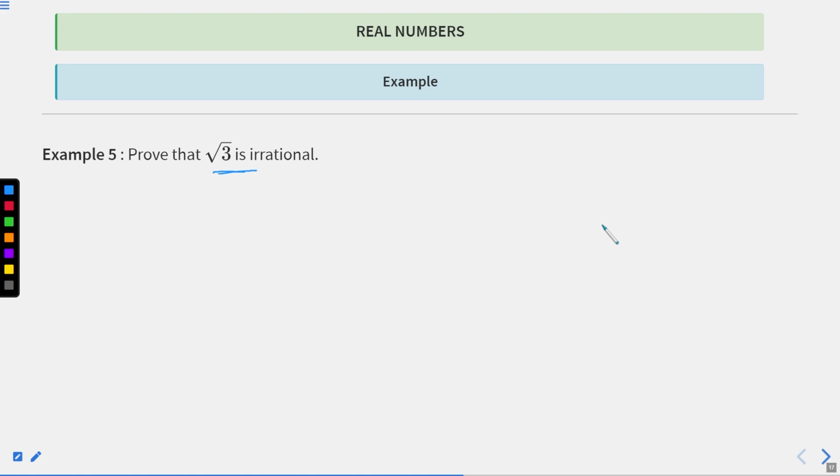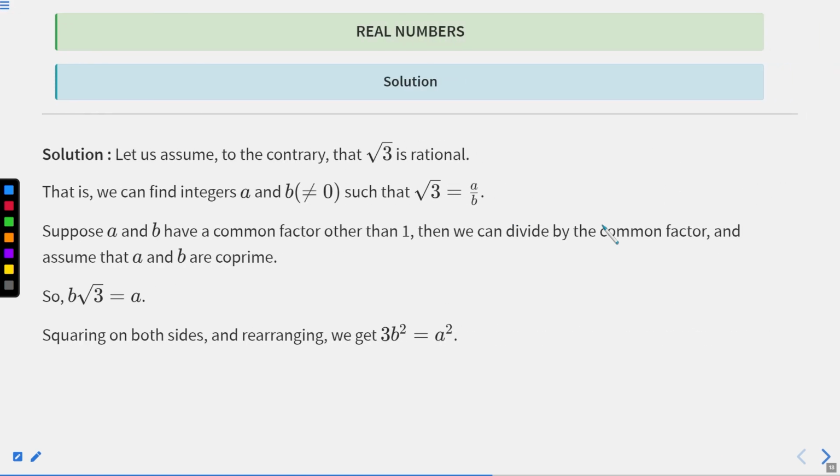This is how we will also prove that root 3 is an irrational number. First let us assume to the contrary that root 3 is a rational number.